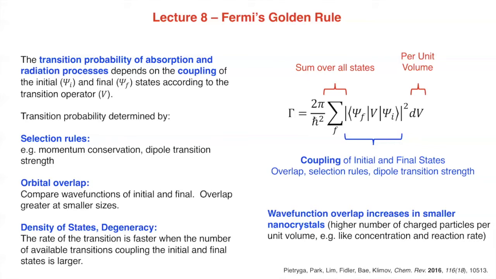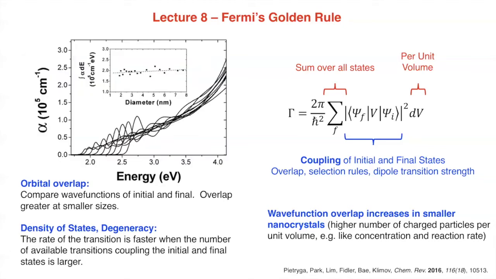So as I said, this orbital overlap thing is important for the transition probability. And this is a size-dependent parameter. So I've taken a figure from a paper, the reference for which is not included here. But what it's done is it's plotted different cadmium selenide absorption spectra on top of each other. And out here at high energies, you'll see that the spectra all are very similar in terms of the magnitude of the extinction coefficient.